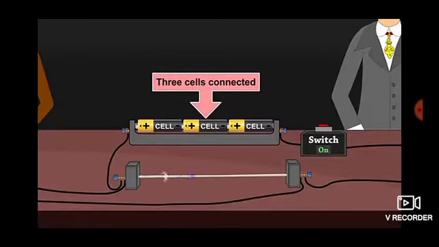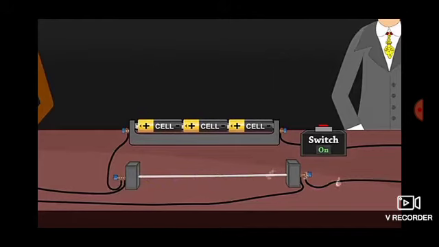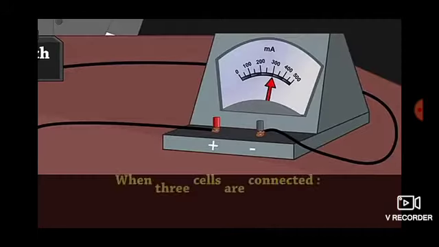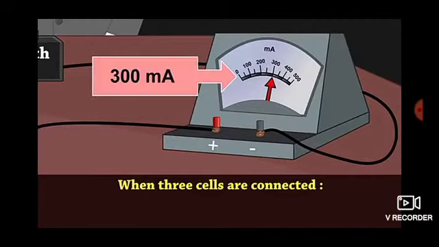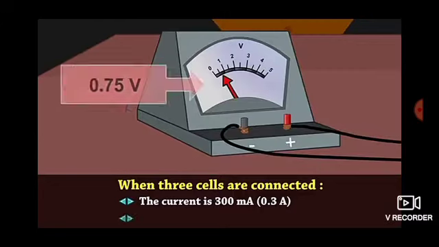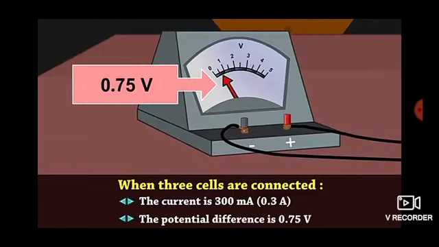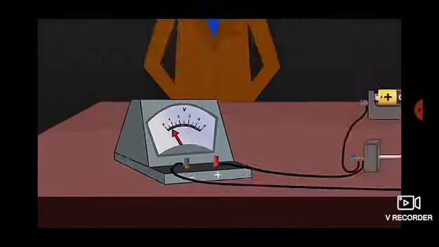After some time they are connecting 3. When 3 cells are connected, let us see the reading in both ammeter and voltmeter. It is 300 milliampere, that is 0.3 ampere, and voltage is 0.75 V.